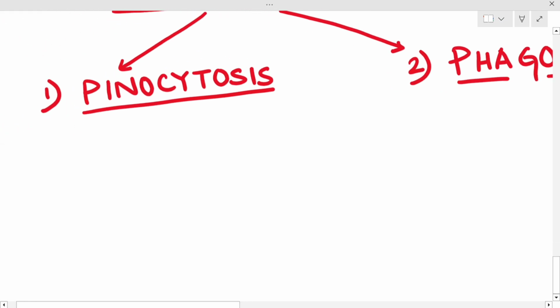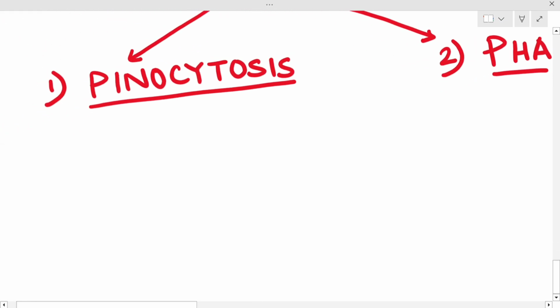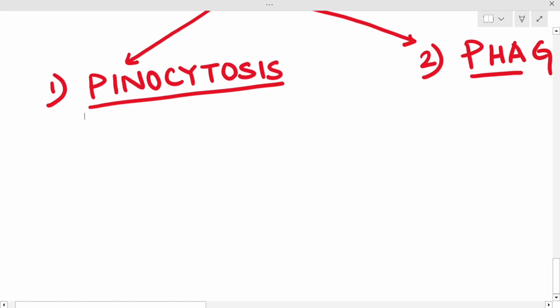So starting with pinocytosis, it is also known as cell drinking.